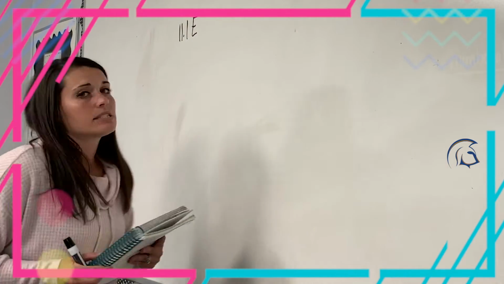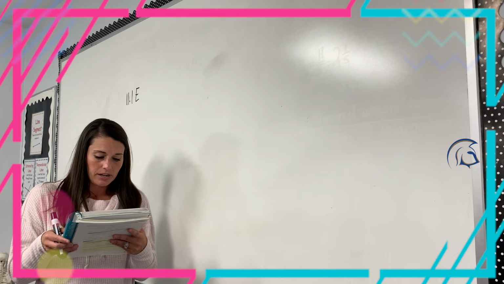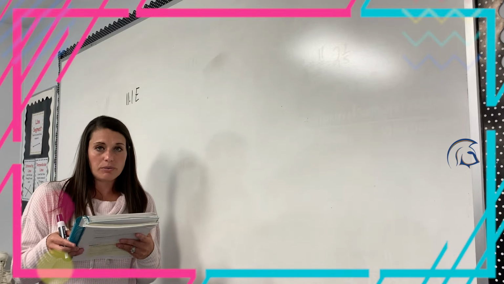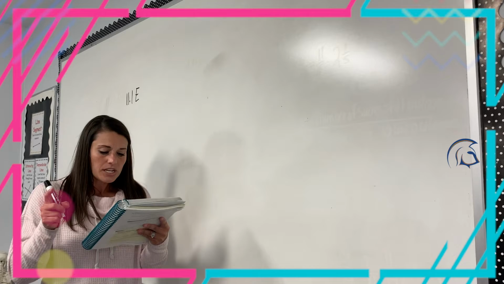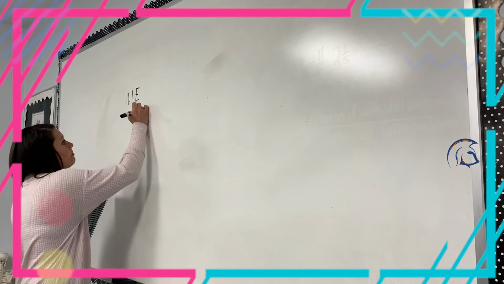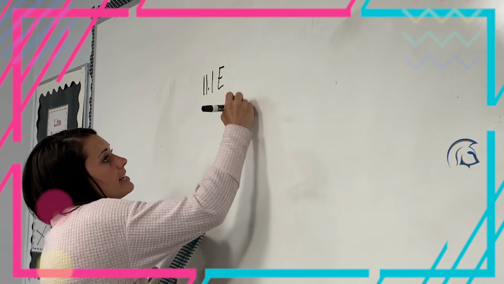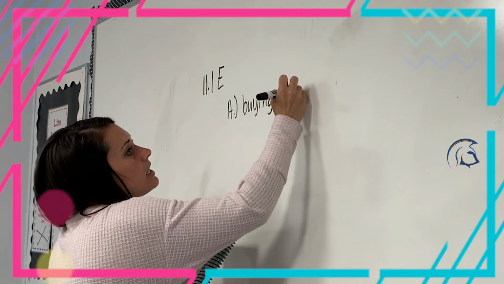Okay, example 11.1e, okay? A pet store has 4 cats, 2 parrots, 6 dogs, and 1 snake for sale. And it wants to know, is buying a dog or a snake mutually exclusive?